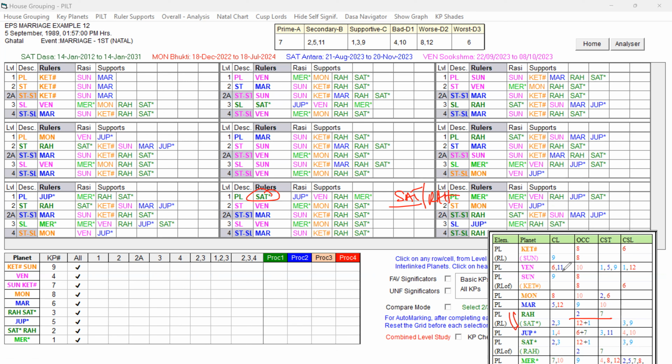Then check the rulers, which rulers are making the Dasa Lord supportive. Venus, yes, Venus is good, but it has 6 and 12 and hasn't got all the good key planets. What about the Star Lord of the Star Lord? Mars, and two levels are ruled by the same planet, Mars. Mars is 5th Lord occupying the 12th house, 12th Lord and Star Lord for the 10th house.